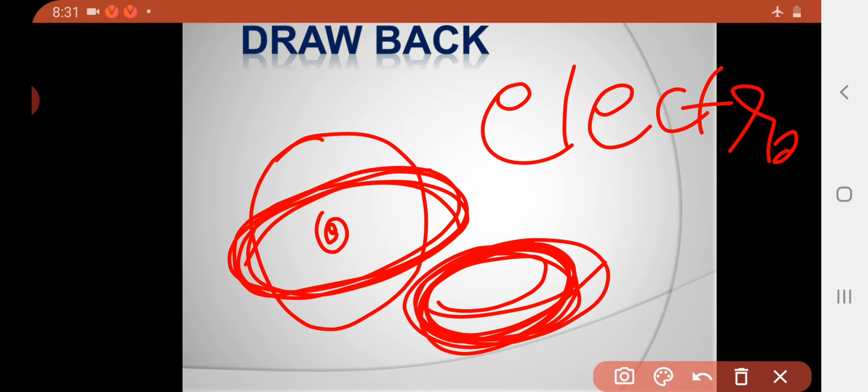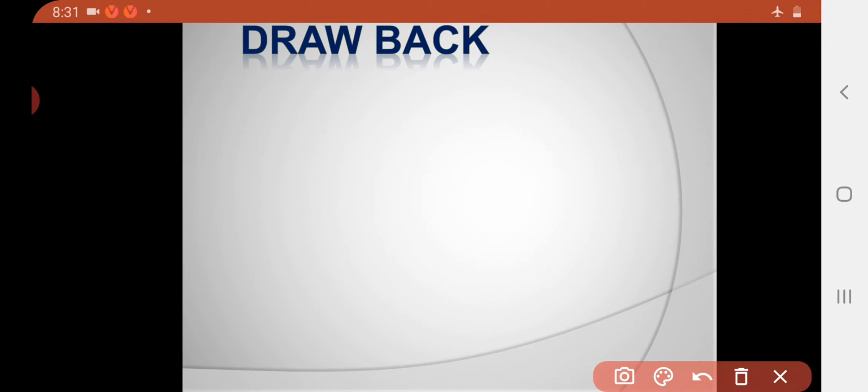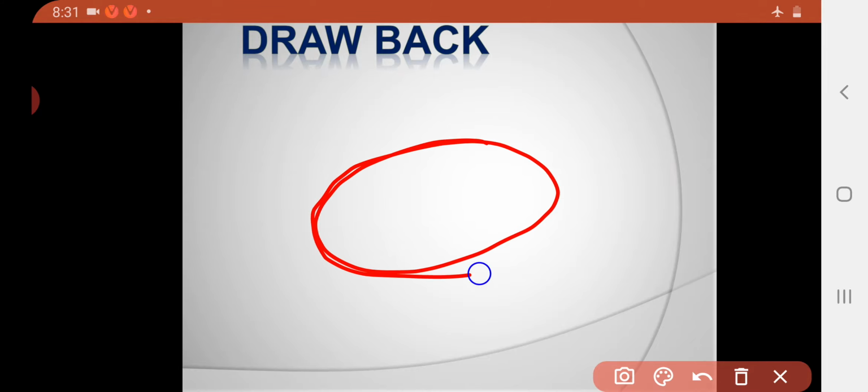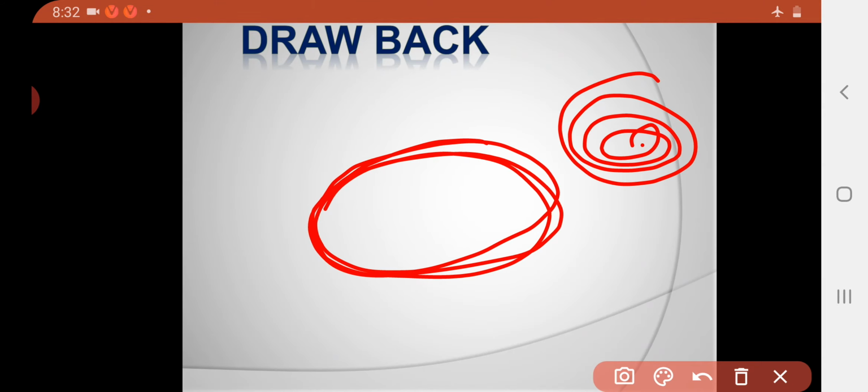As they lose their energy, they come near the center. As they are moving, they will not revolve in the same manner. They lose energy and get attracted towards the center, and at last they will disappear.